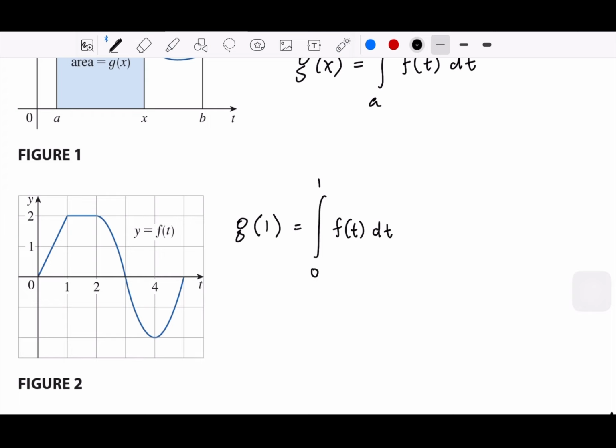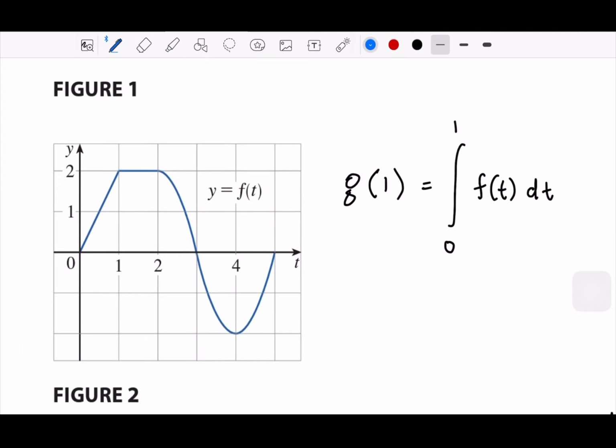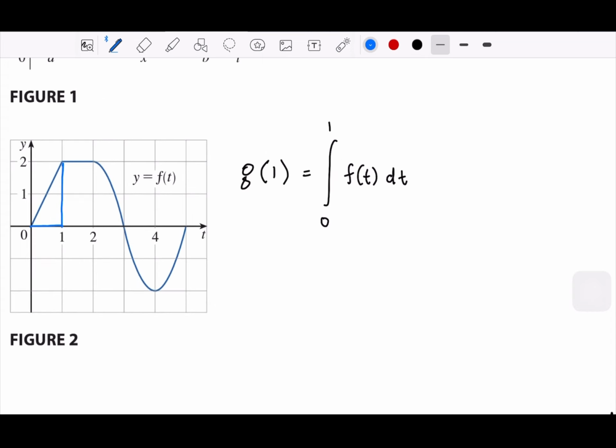And basically, what we see here is a triangle, so I think it's easy to approach. It will be one half multiplied by 1 multiplied by 2, which is 1. Okay. And if we look at g of 2, which means integration from 0 to 2 of f of t dt, we are going to look at the triangle and also the rectangle here.